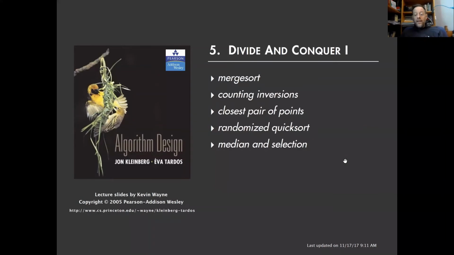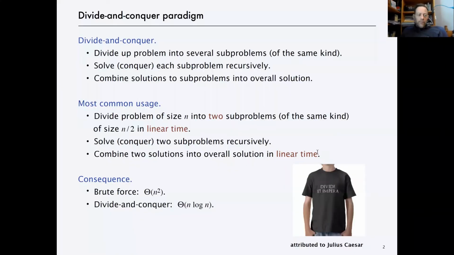Divide and conquer is again an extremely general approach. Basically, the approach is to break down the problem into usually two, usually equal, or at least two subproblems of the same kind. Each of these subproblems is a problem of the same kind, but much, much smaller.